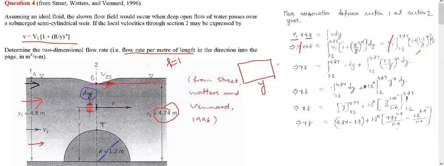Now I believe you already know this formula, the integration. The integration of dx is equal to x. So when it is dy, it should be y, then upper limit, lower limit.